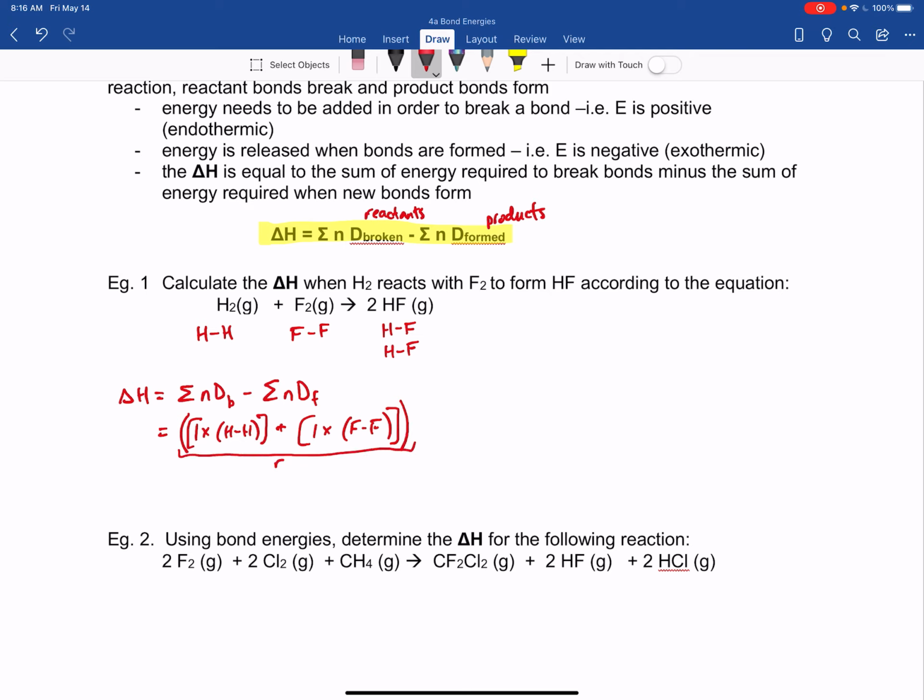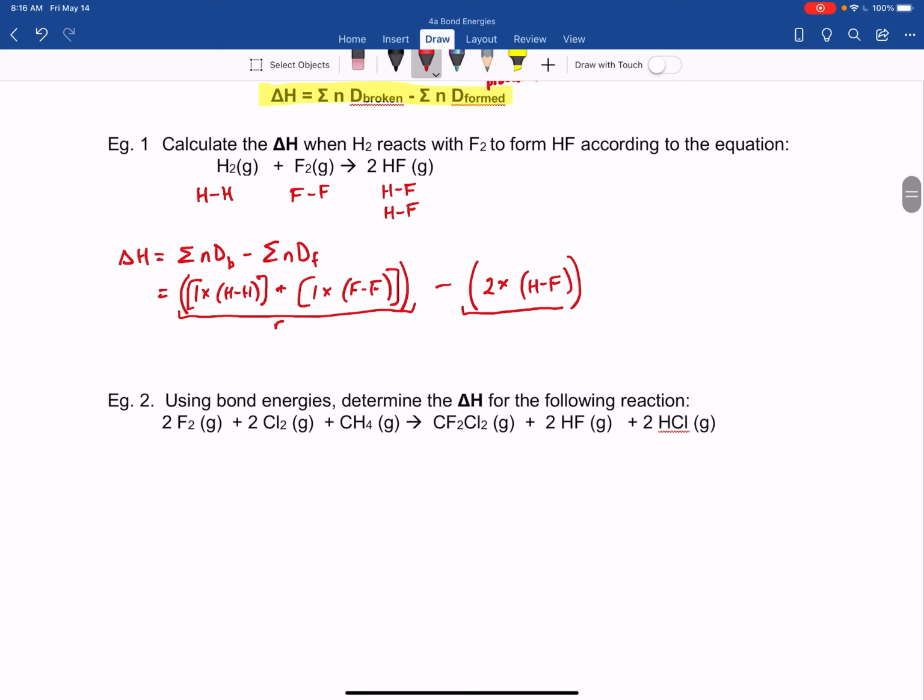So that's the sum of the reactants, minus, because the energy is released, and we only have one product here, so we'll say 2 times the hydrogen fluoride bond. Okay, and if there was more than one product, we would add them all together, right, and make sure that those are our products. So we'll substitute our numbers in here.